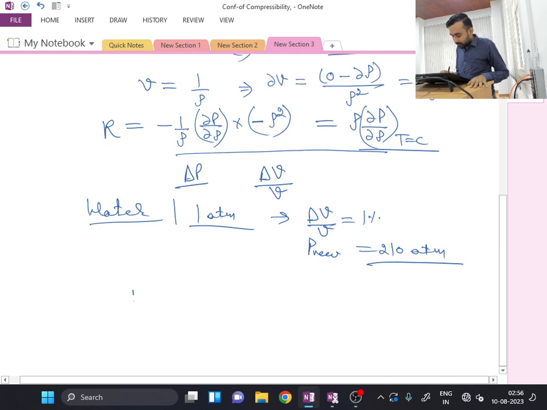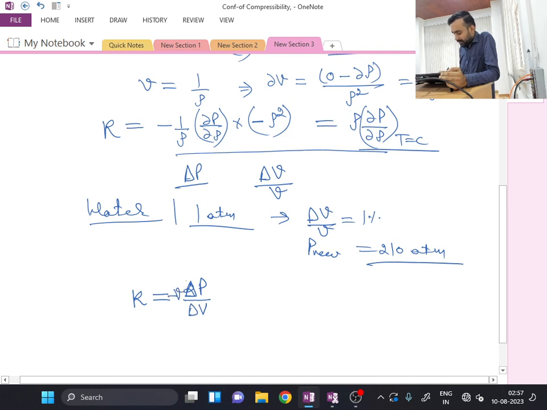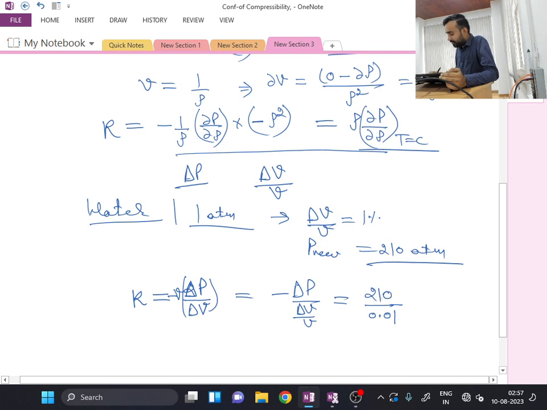So I can say that the compressibility of water under atmospheric temperature and pressure conditions, for a finite change, is minus V into delta P by delta V, which is minus delta P divided by delta V by V. Now delta V by V is 1%, so in the denominator I write 0.01, and in the numerator, for this 1% change, my delta P has to be 210.